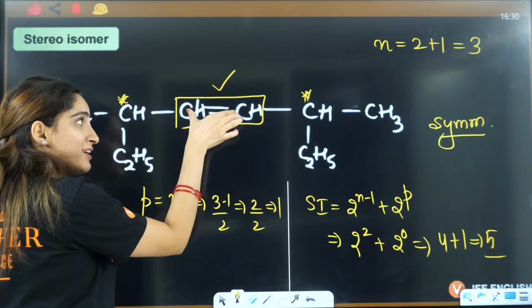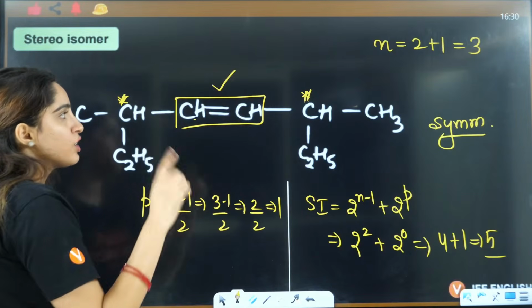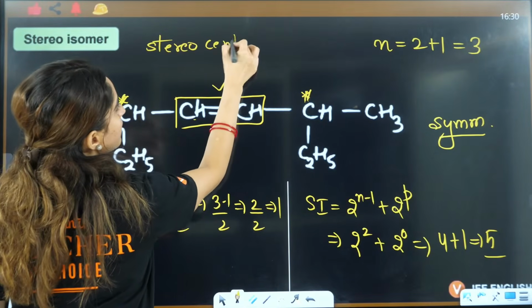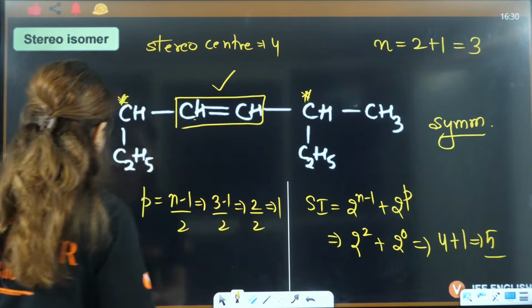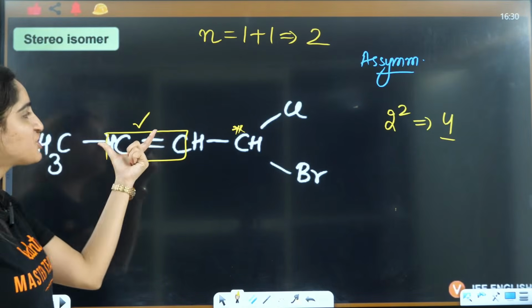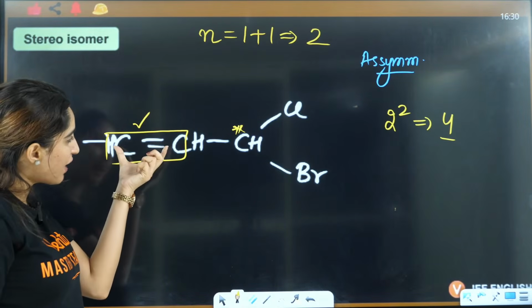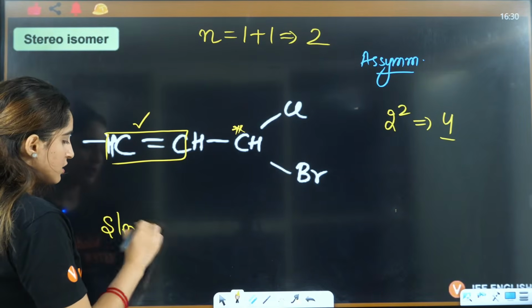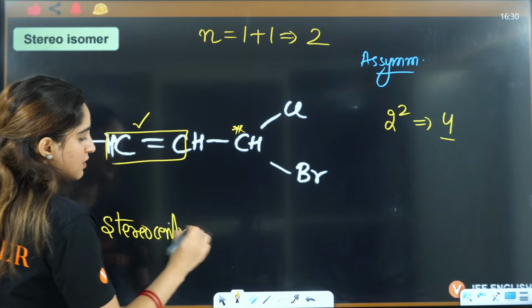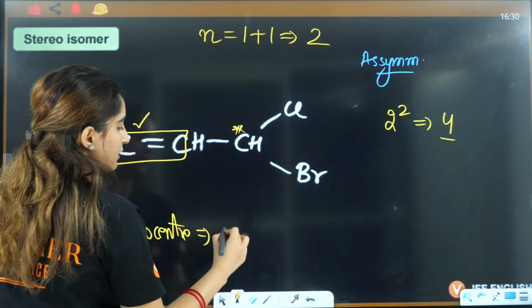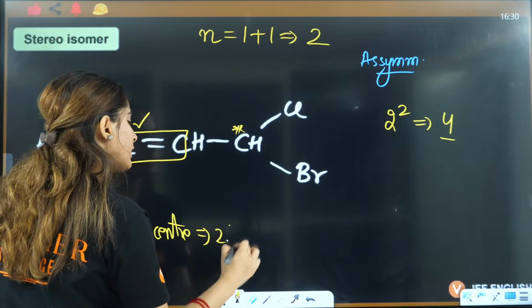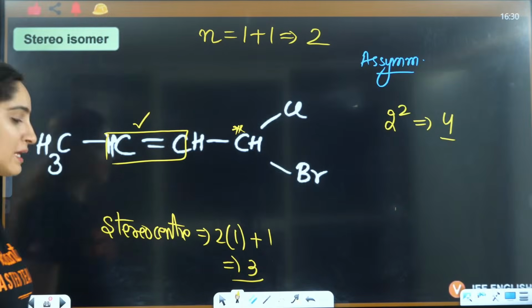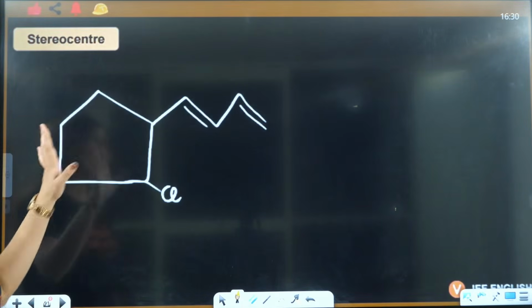So here the center is 2 plus 2, that is 4. If you talk about this one, GI site is 1, but in that one GI site, there are 2 centers. So stereo center is 1, 2, 3. That means 2 into GI site plus chiral carbon, that is 3. That's how you're going to define the stereo center, right?